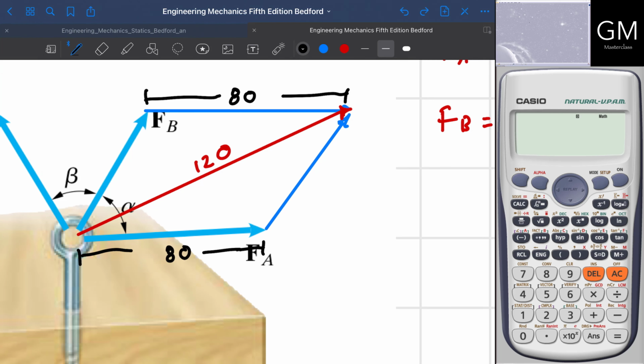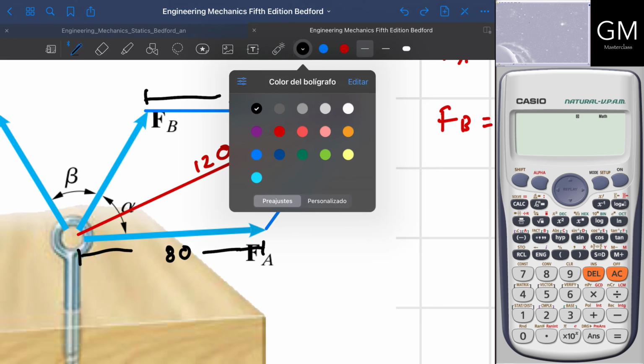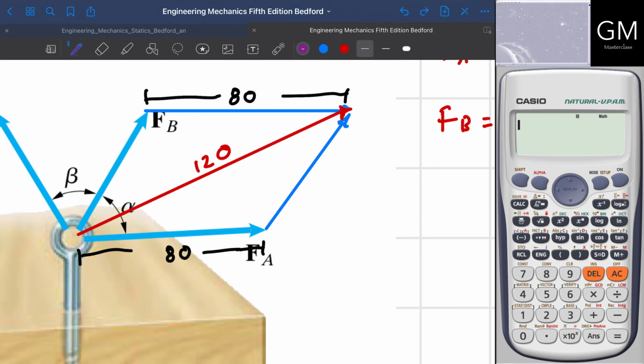In this case, what I'm going to do is start drawing some triangles. I've got to look for triangles because those are the ones that are going to give me a way to get the result that I need.